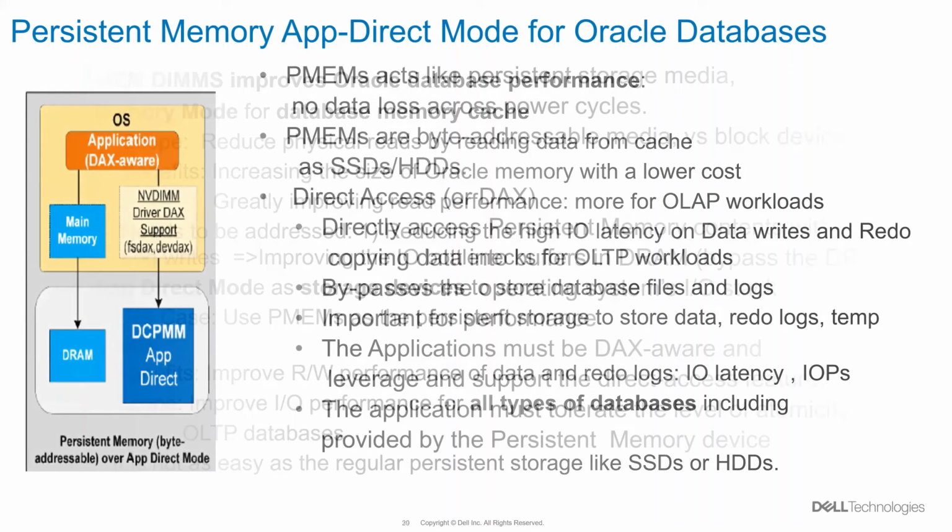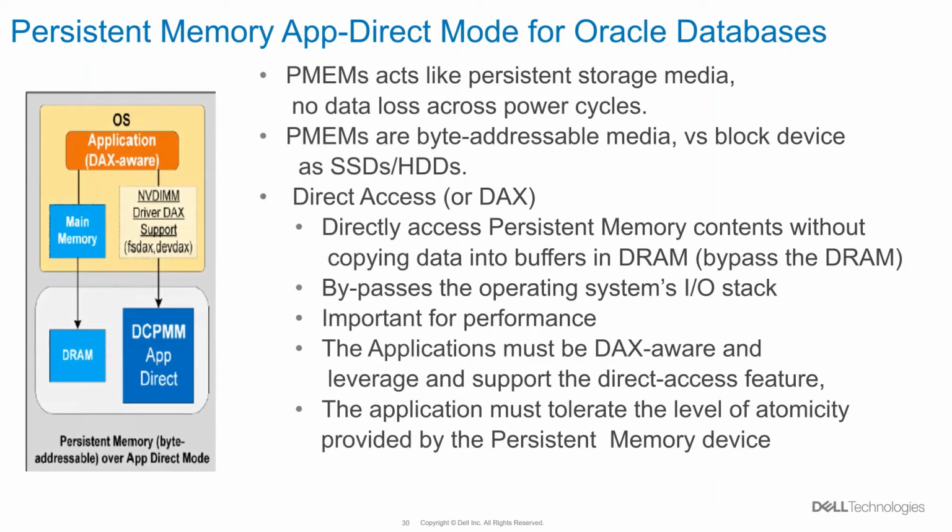The reason is that we have to take a look at the characteristics of PMem. When you configure PMem in persistent mode, app-direct mode, it is different from a regular SSD or hard disk.